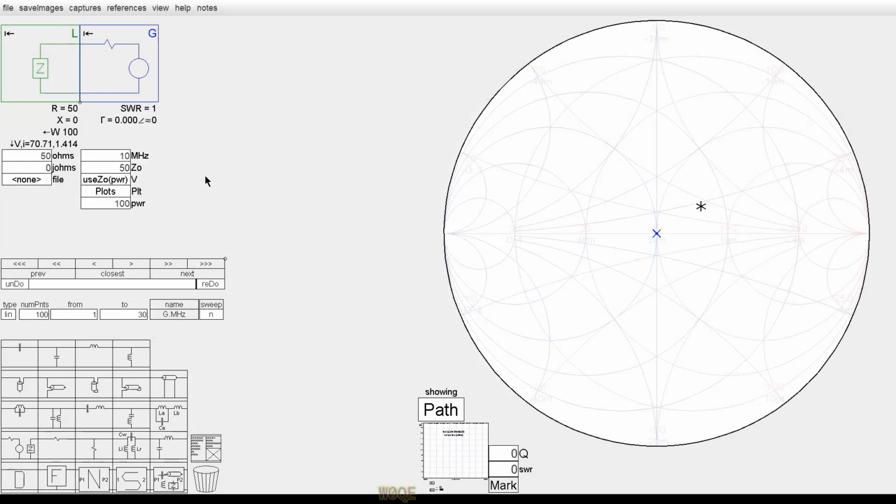Let's take a very common example that somebody might want to do in SimSmith, and that is, let's have a load impedance that is not a one-to-one SWR with respect to the source impedance. I'm just making some numbers up here.